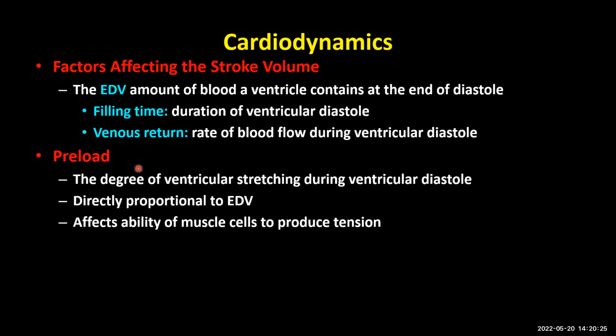If it stretches the ventricle, that will cause increased tension, and that will cause increased cardiac contractility. So if you have more end-diastolic volume, it means the preload is increased. Preload is increased because more blood will cause more tension. The ventricles are more dilated.